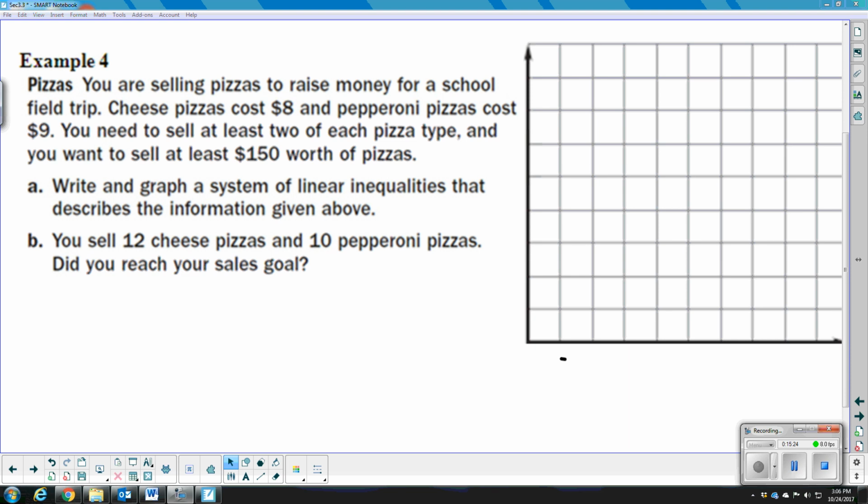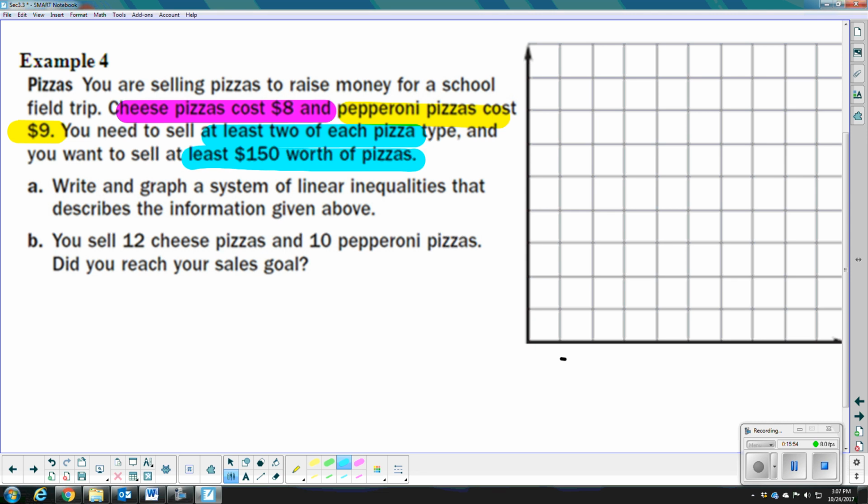Alright, this next problem is a story problem, and it says that we're selling pizzas to raise money for a school field trip. Cheese pizzas cost $8, and pepperoni pizzas cost $9. You need to sell at least 2 of each pizza, and you want to sell at least $150 worth of pizzas.